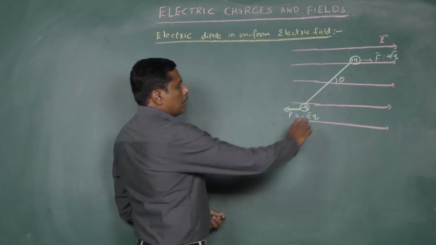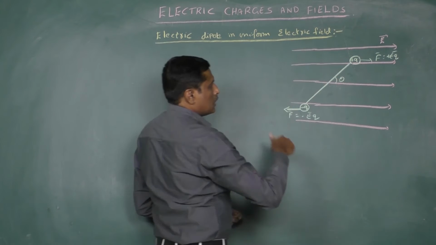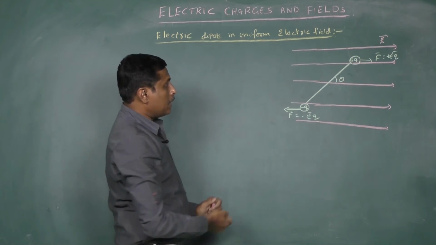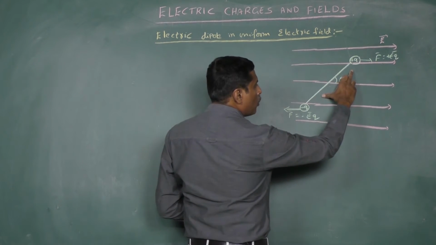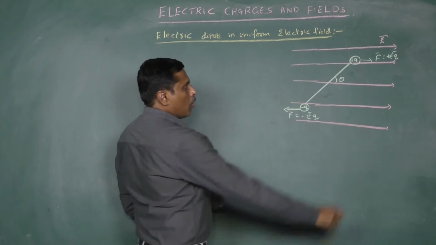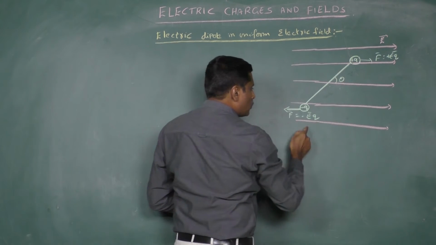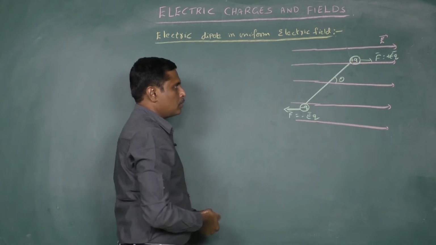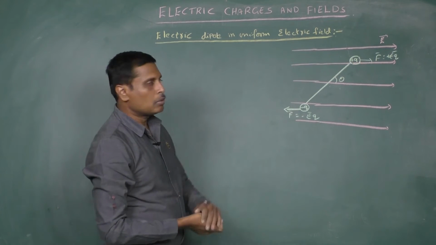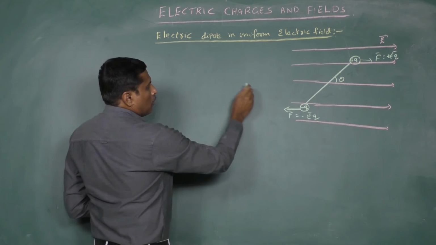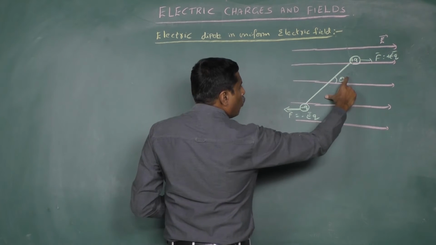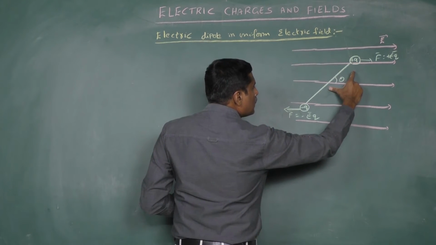So this dipole will experience a torque, but the net force acting on the dipole is equal to 0. One force acts towards the right side, the other force towards the left side, but the net force is equal to 0. Now, let us calculate the torque acting on this dipole.